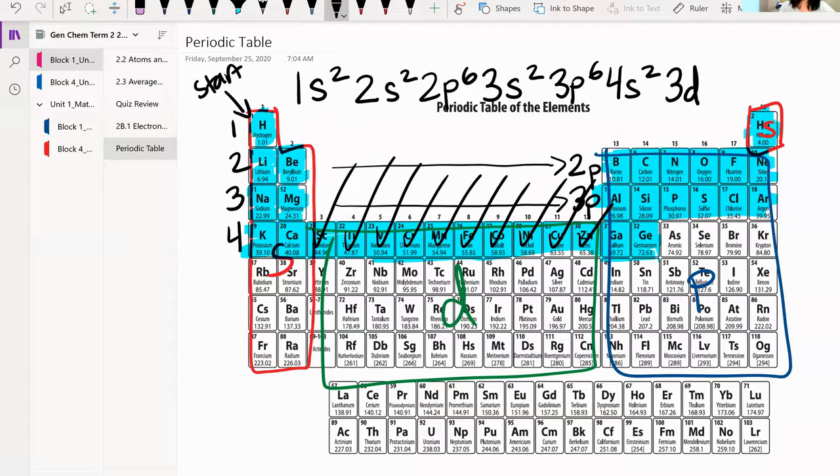After that 10th one, now I'm back into the P region. So in total, we were allowed to put 10 electrons into the 3D section. So the exponent is 10.